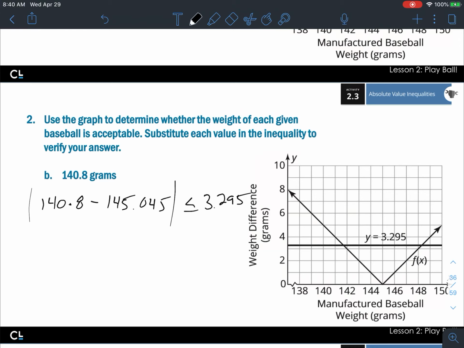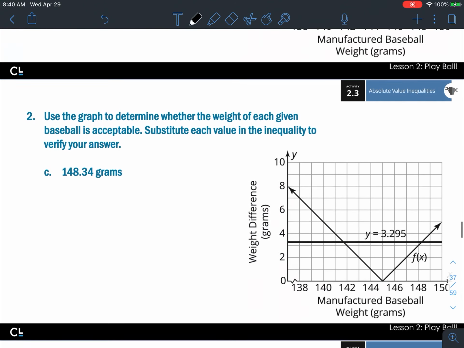We know that 140.8 minus 145.045 comes out to be negative 4.245. Absolute value of that gives you positive. So that's bigger than this number here because it's going to be positive after the absolute value. So we know that this, no, it doesn't work.